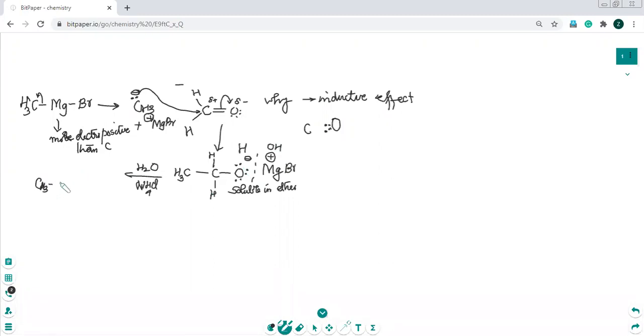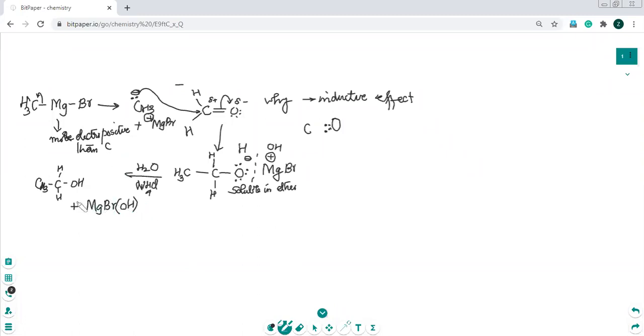CH3CH2OH, ethanol, plus MgBr OH. So this is the formation of a primary alcohol.